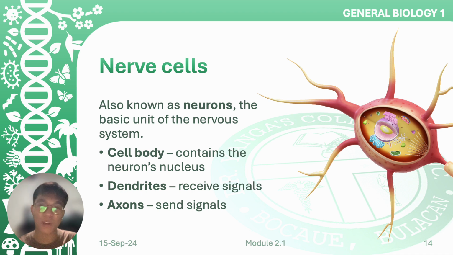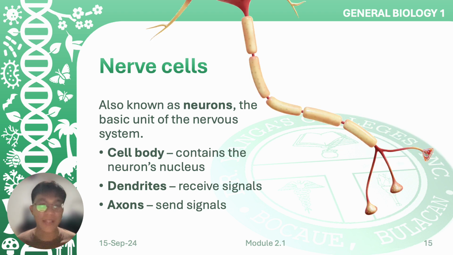These structures that emerge from the cell body are called your dendrites. And the dendrites are the ones that receive signals from other nerve cells. Now, as the signals are received by the dendrites, the signals are transferred to the cell body, and eventually the signal will be transferred to the axon.